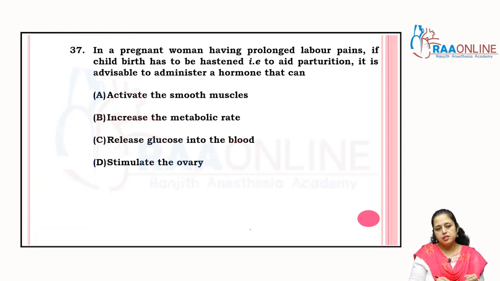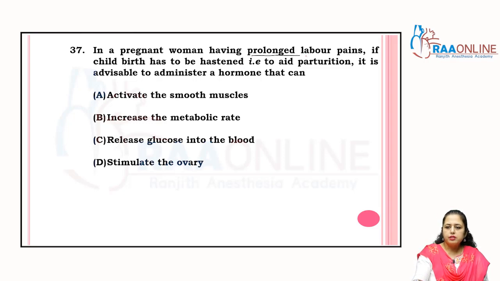Now come to the 37th. In a pregnant female having prolonged labor pains, if childbirth has turned difficult, that is to aid parturition, it is advisable to administer a hormone that can.